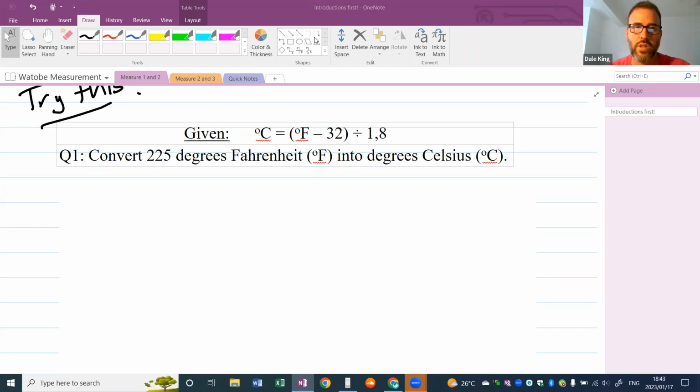So 225 degrees Fahrenheit, use that formula and convert it for me into degrees Celsius. Shouldn't take too long.